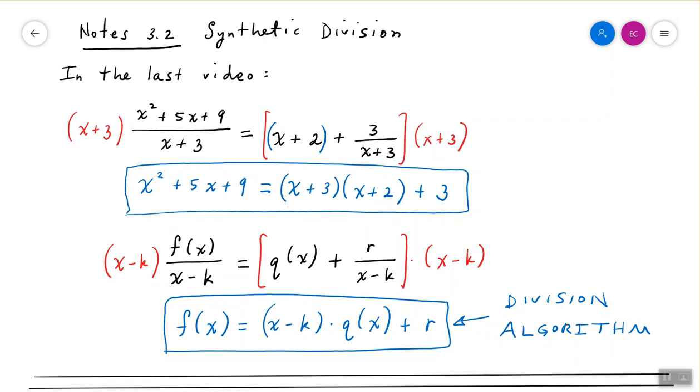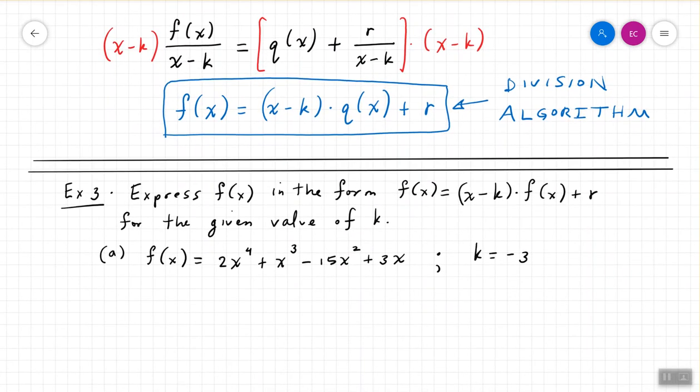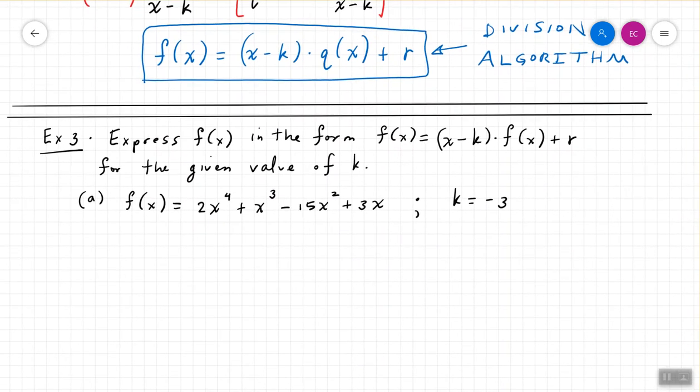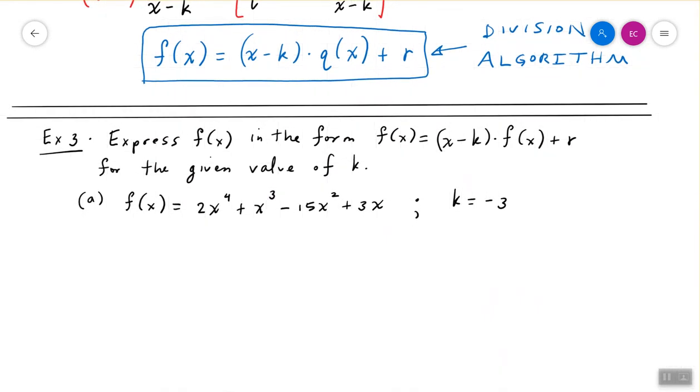Let's see an example. First thing we should notice is that the directions are pretty explicit. They say take the function f of x and rewrite it in the form x minus k times q of x plus r. You see there's a little mistake in my directions.